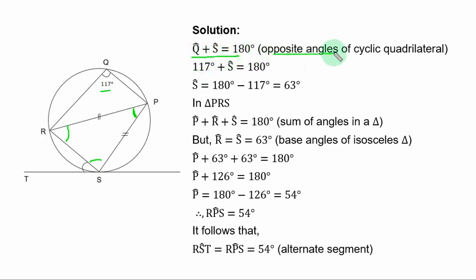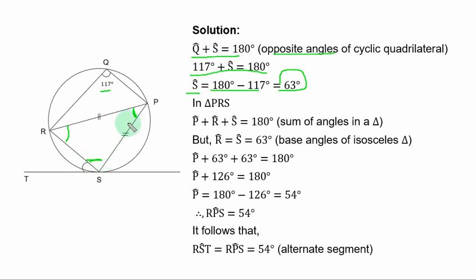You replace angle Q with 117 degrees. To get angle S, you transfer 117 degrees to the right hand side, and you have 63 degrees after subtraction. So we know this angle.